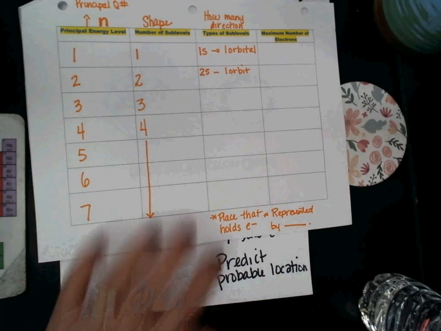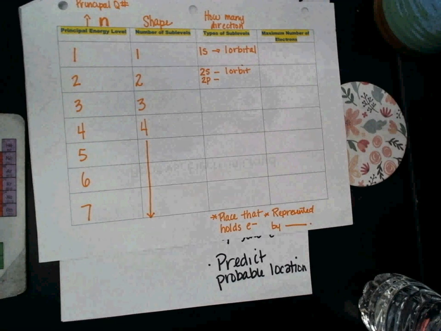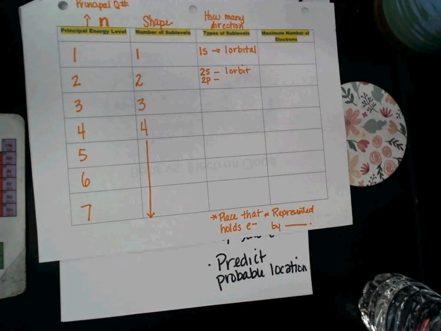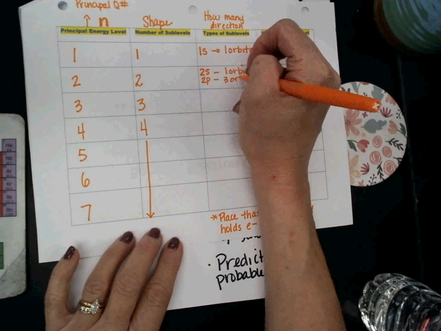P? It's a good thing you're here today, Haley. And I have 2p. Now look at that picture again. How many directions do I have rotating in P? Kyle, tell me when you find it. Good. So I have 3.